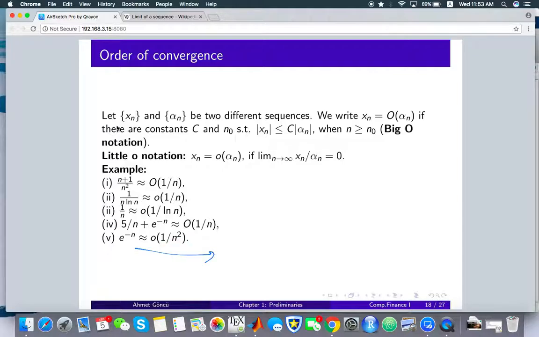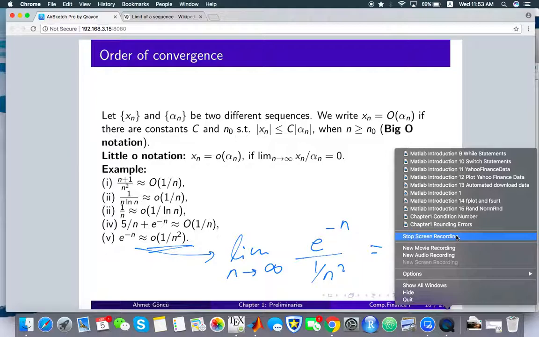For this one, the limit as n goes to infinity of e to the power minus n divided by 1 over n squared is 0, so that means we can write little o of 1 over n squared. So this is how we think about the big O and small o notation, and you can try to write different examples, and this will help you to understand better.